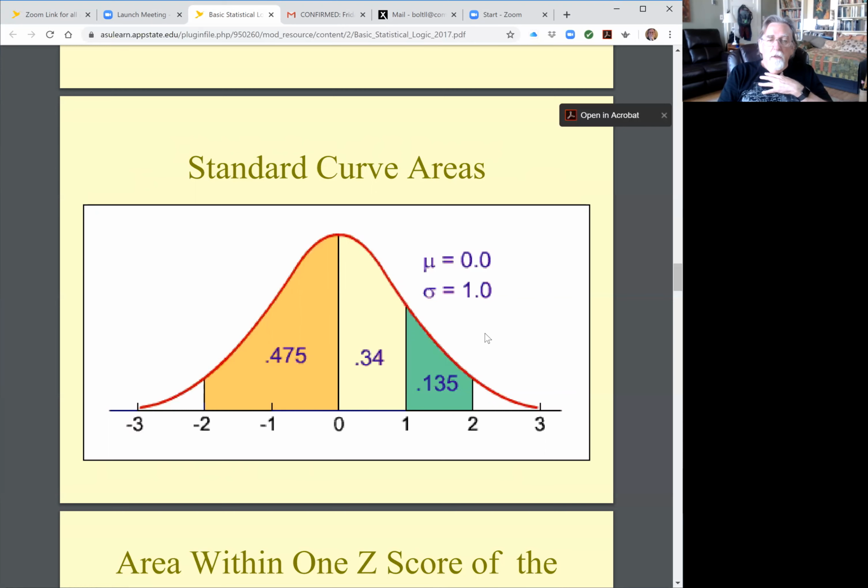And so there would be 5% spread over these 2 tails if we were doing what's called a 2-tailed analysis, where we're not interested in whether one value is larger than the other. We just want to know if a value is different from the group, from the sample.